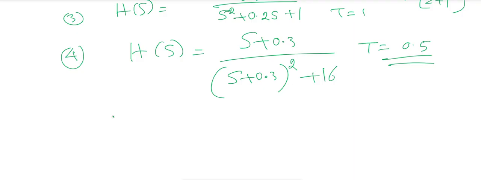We covered the relationship between analog and digital frequency, and the tangential function relationship of bilinear transformation. You can practice with some more problems. Thank you. With this we conclude. Thank you.